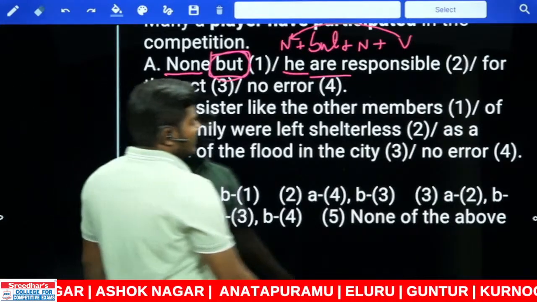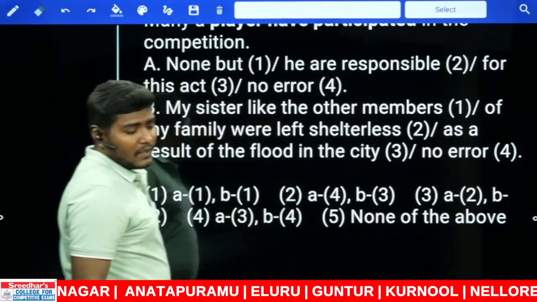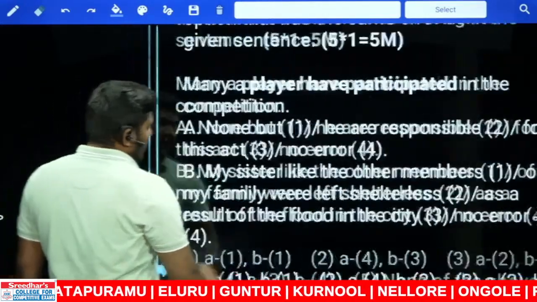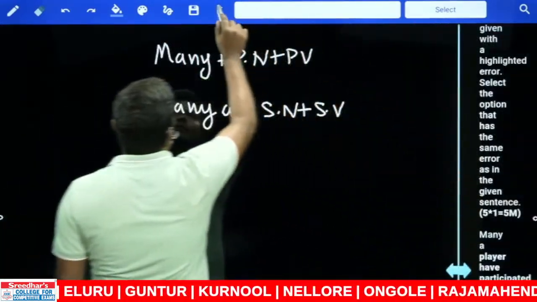And one more case is, there are many words like this, whether you remember it or not. There are one more cases.